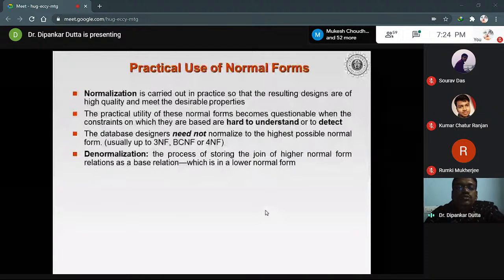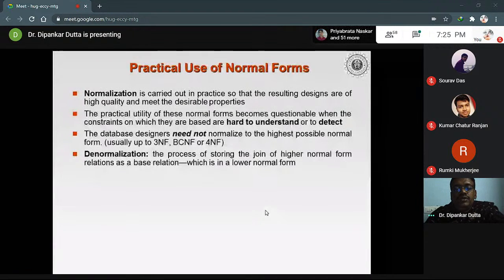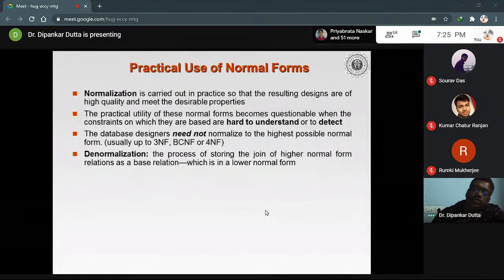Denormalization is the process of storing the join of higher normal form relations as a base relation which is in a lower normal form. So by joining these two tables, we are converting a relation that is in higher normal form into lower normal form. That is known as denormalization.